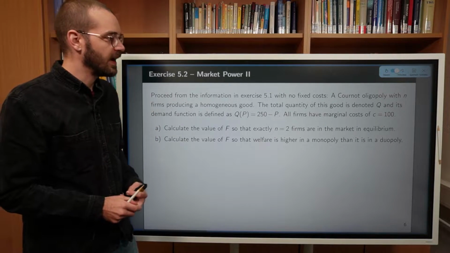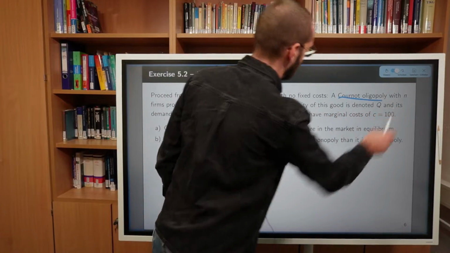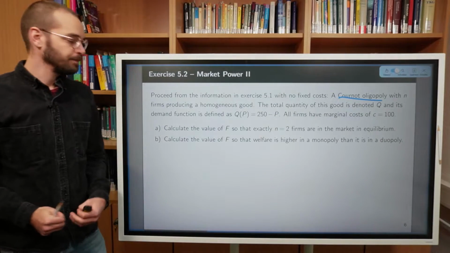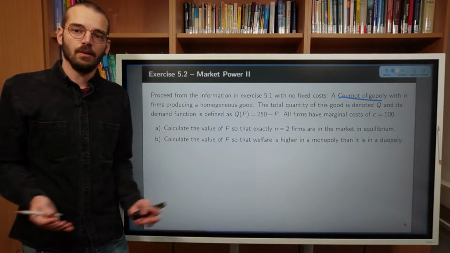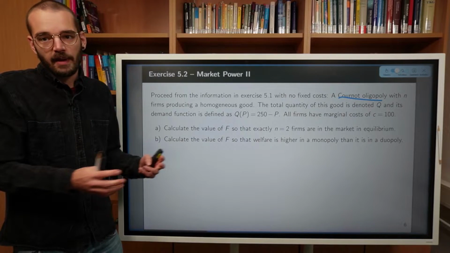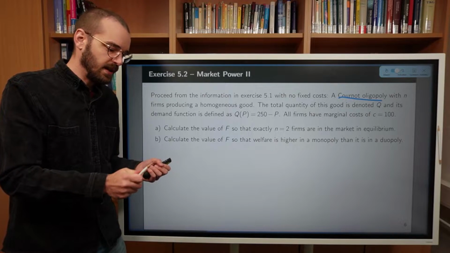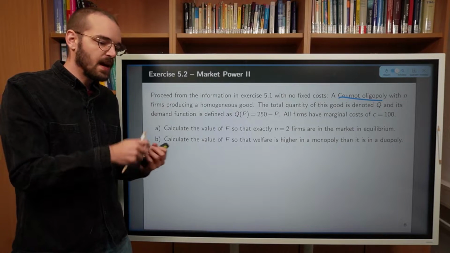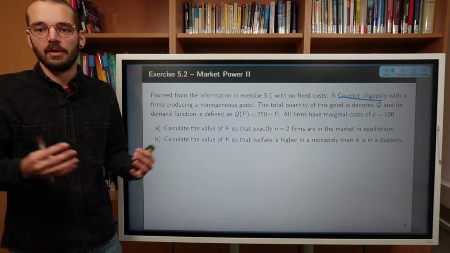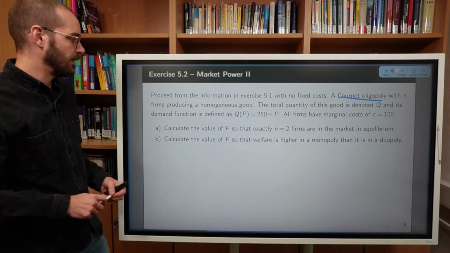All right, with that out of the way, let's have a quick recap on what model we are actually looking at. We are faced with a Cournot oligopoly with n firms, where n, this is the whole point of the exercise, is kept as a parameter. We were looking at how the market outcome, the welfare, and consumer surplus change with changes in the number of firms n.